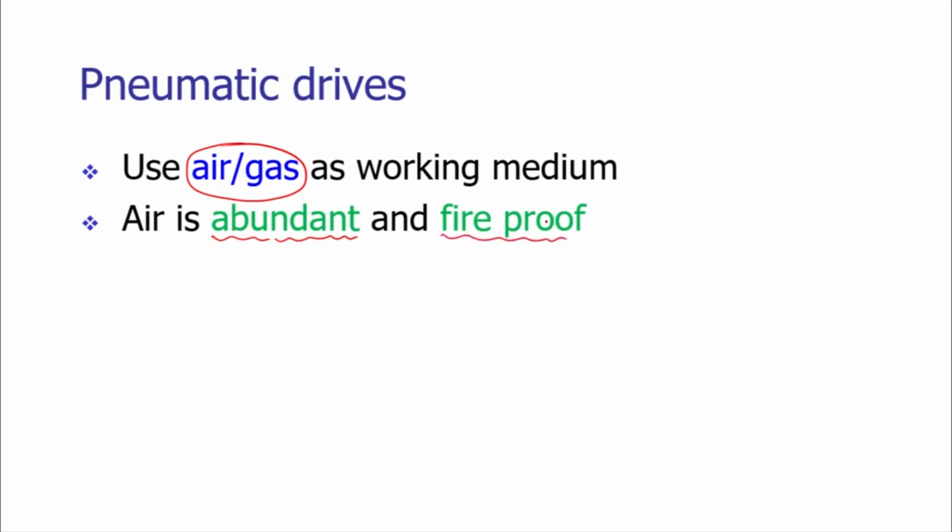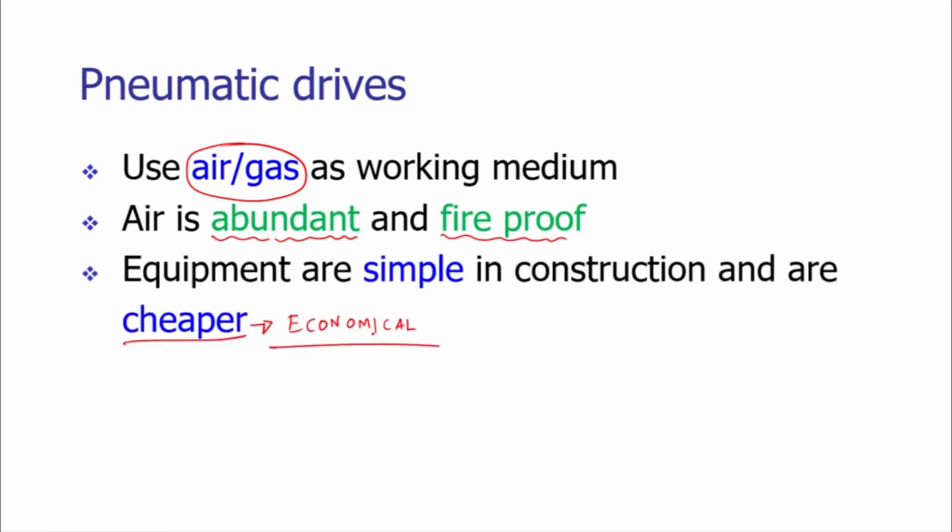These are the two prominent advantages, the abundance of the air and safety. The pneumatic drive equipment are simple in construction and they are economical and readily available. So as you can see, the compressors are readily available in the market and they are quite cheap as well.